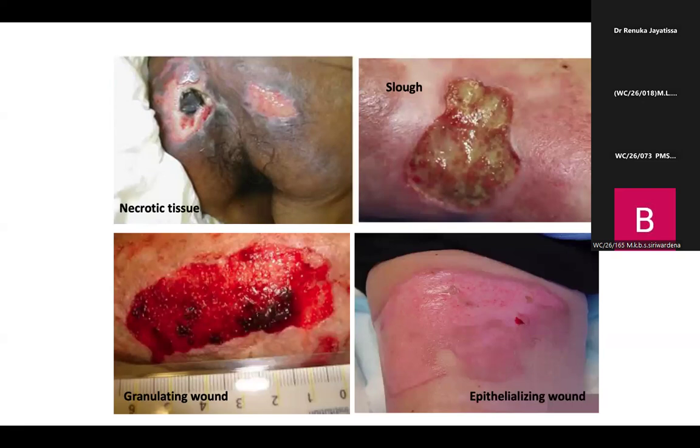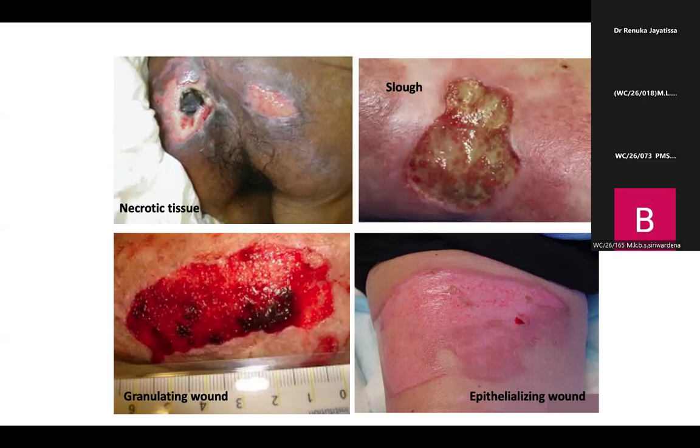But if you look at all these four pictures again, you'll figure out that some of these pictures have all four colors. The one on the left, for example, has black, yellow, red and pink. The sloughy wound that I showed you as yellow has red, yellow, and pink. So all these different colors exist in a wound. What do we want? What we want is red and pink.